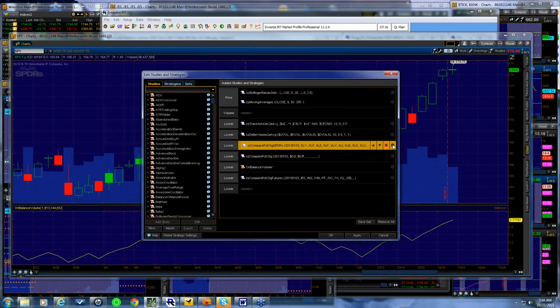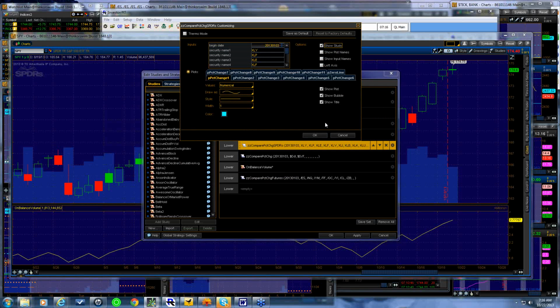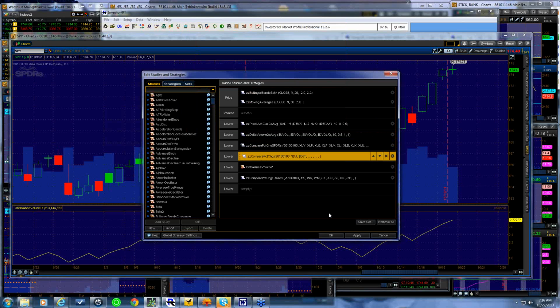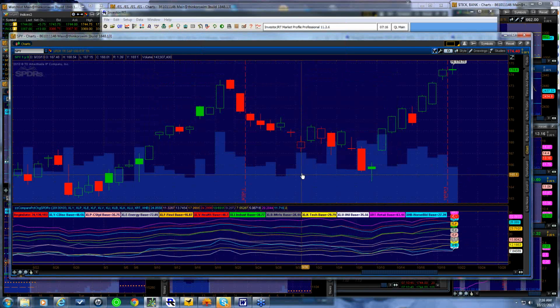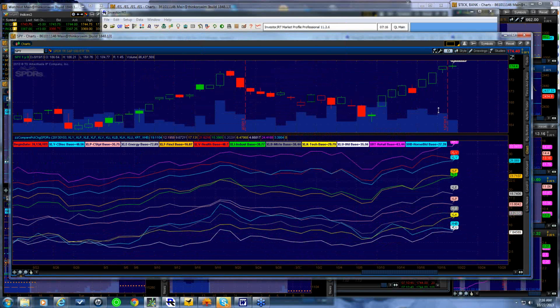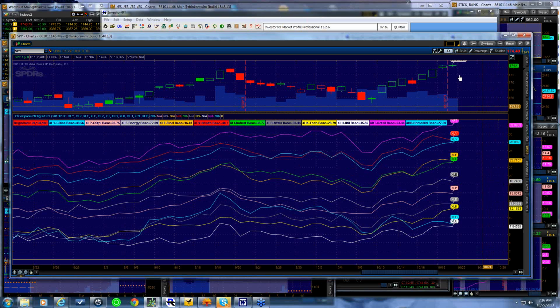Look at the sectors. And we're getting a little bit of a mixed picture in the sectors.